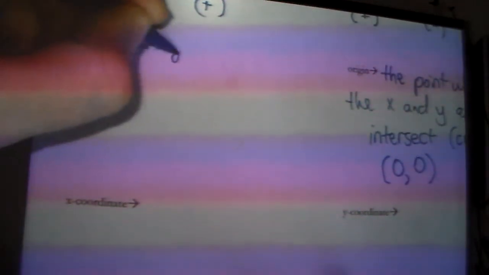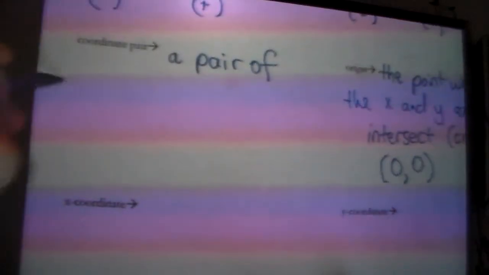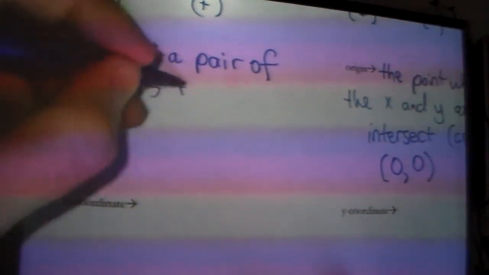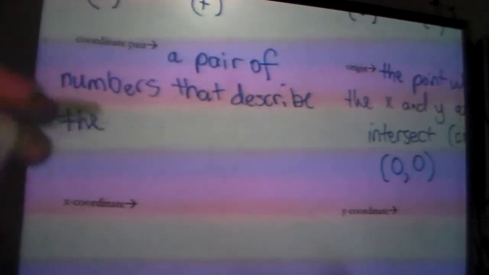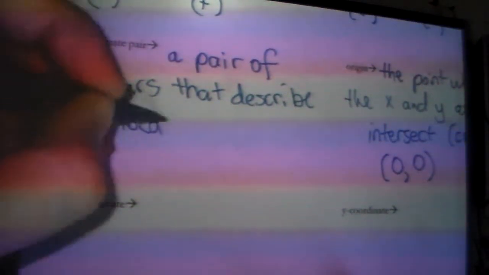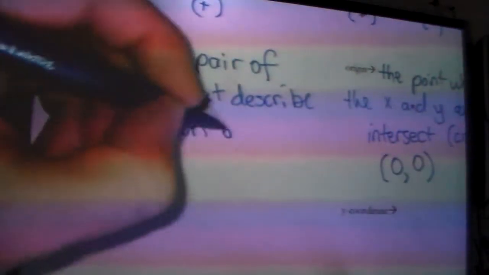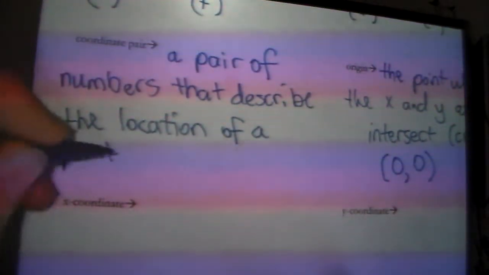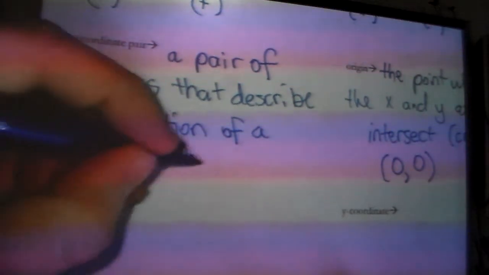And the coordinate pair, well, that's just a pair of numbers that describe the location of something, or the location of a point in the plane, or in the coordinate plane.